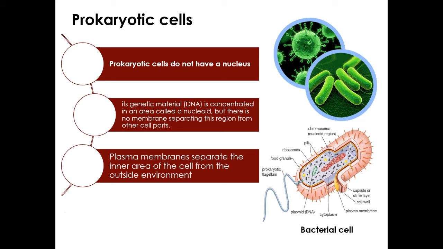Its genetic material or DNA is concentrated in an area called a nucleoid, but there is no membrane separating this region from other cell parts. The plasma membrane separates the inner area of the cell from the outside environment. This is the example of prokaryotic cell, which is bacterial cells.